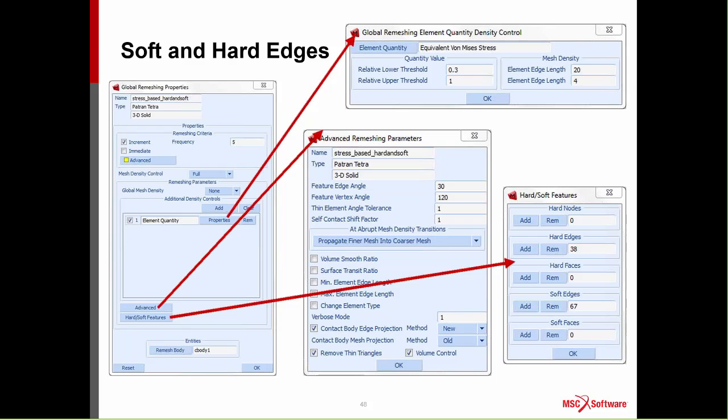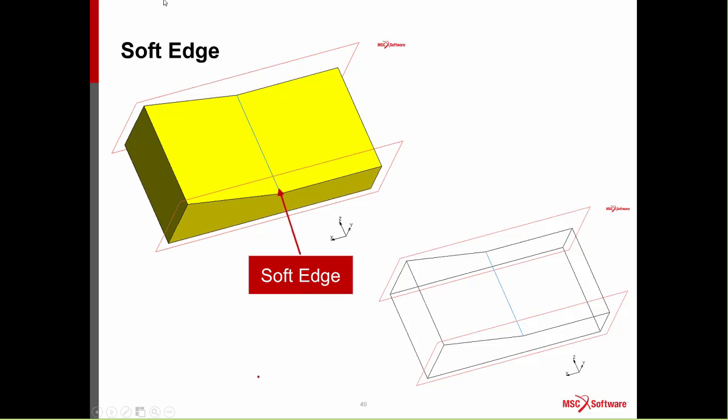And the user can select these so-called hard edges and soft edges to help the meshing procedure along. But the goal of this was really to do things internally, to improve the finite element process. And so what I really want to talk about is some other examples.